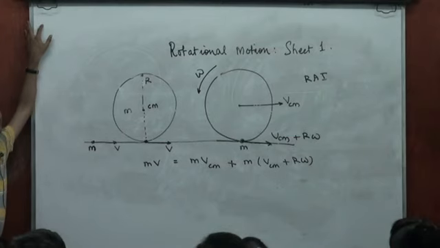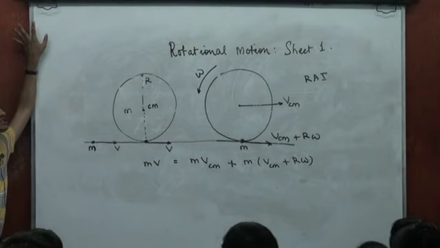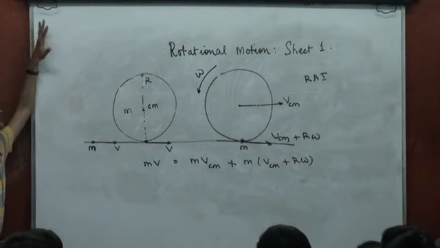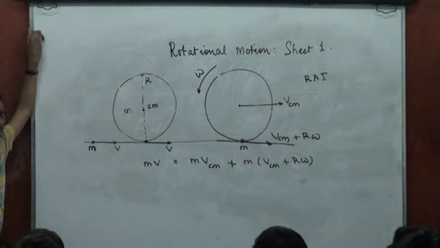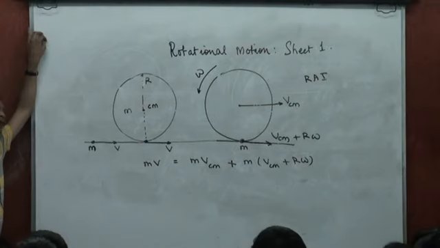I told you when we start with conservation of angular momentum, if there are particles interacting with each other and there are no external torques acting about a point, about any point, then the angular momentum of the system about any point will be conserved.